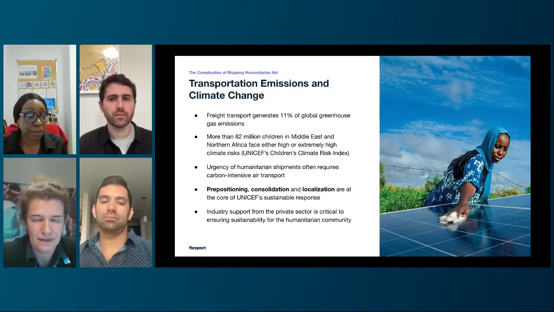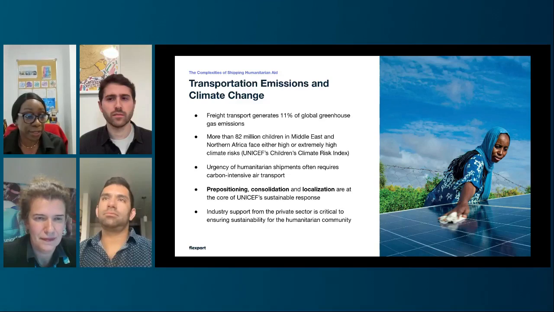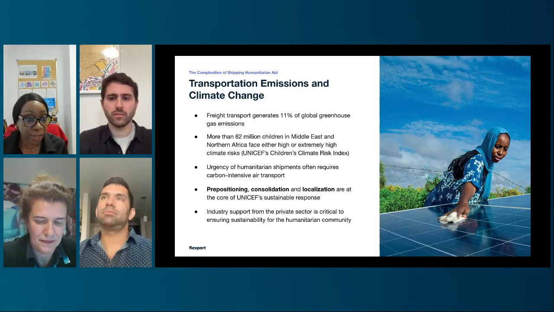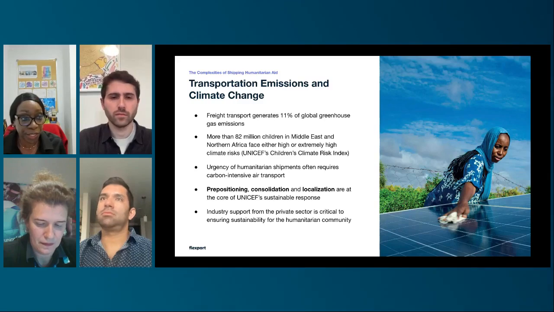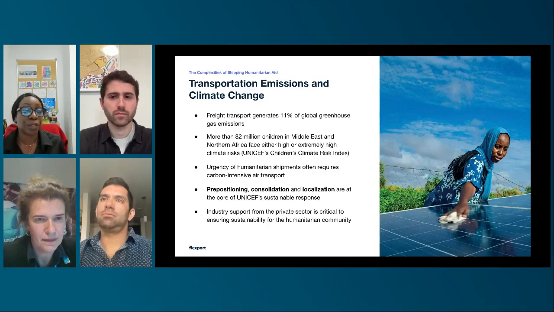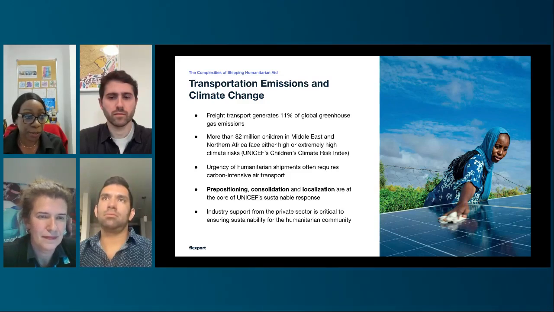But you have highlighted correctly the actions that are being taken, and I can very much testify to that at country level in terms of prepositioning, consolidation, and localization being at the core of our sustainable supply response, and really actively looking to minimize the impact with our strategies.